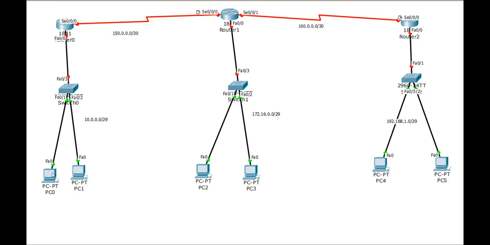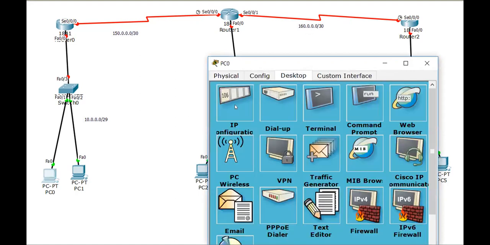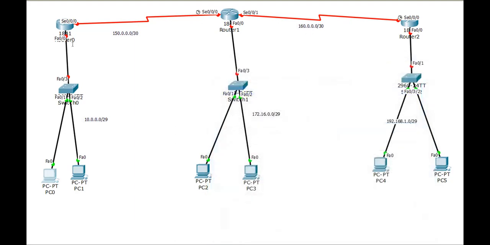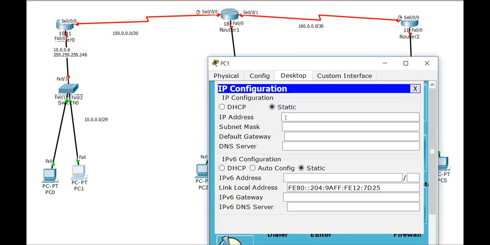So in IP addressing, first we have to configure our PCs: 10.0.0.1, 255.255.255.248, and gateway 10.0.0.6. So it means the FastEthernet port should be configured with 10.0.0.6. In the second, I'm using 10.0.0.2 with gateway 10.0.0.6.